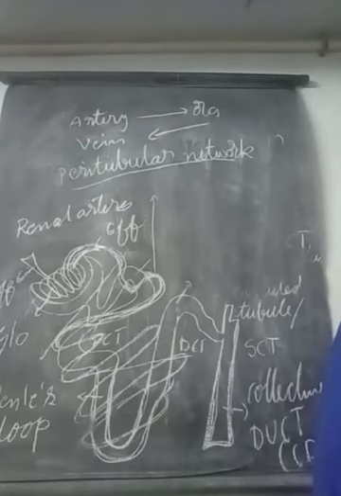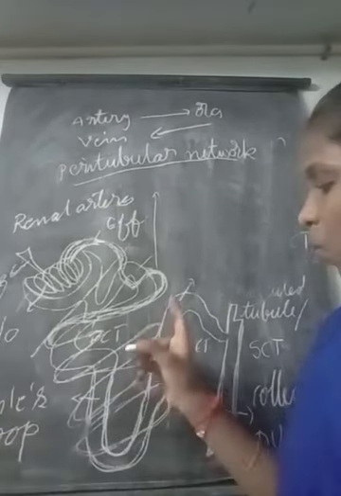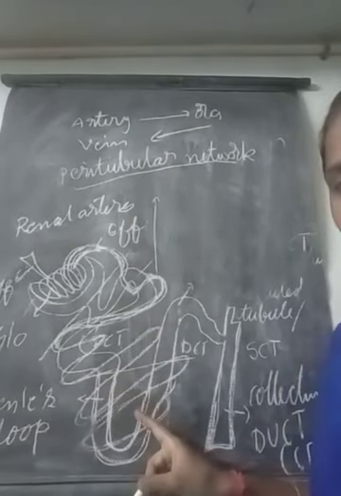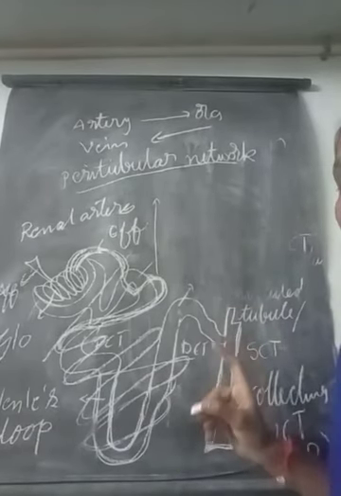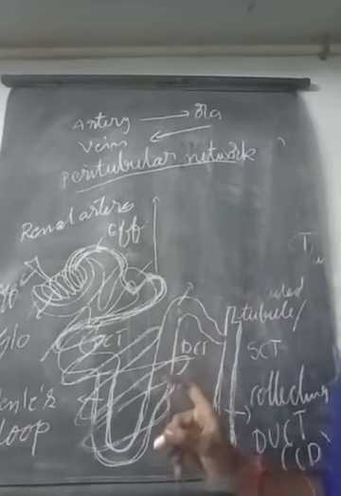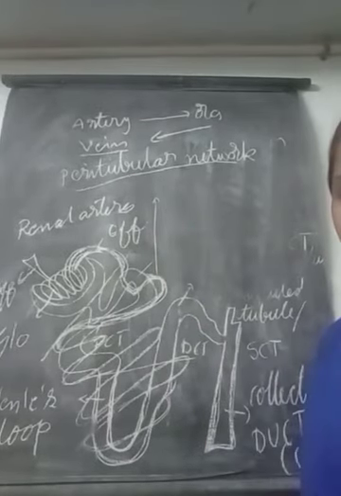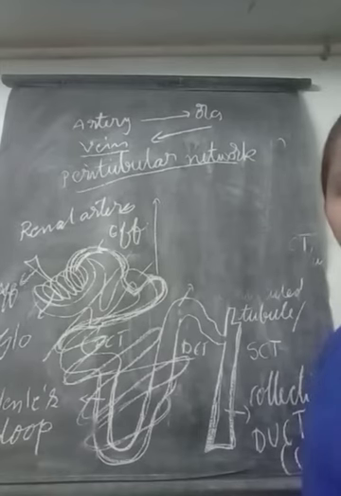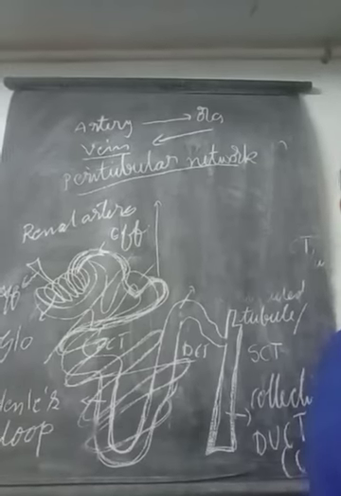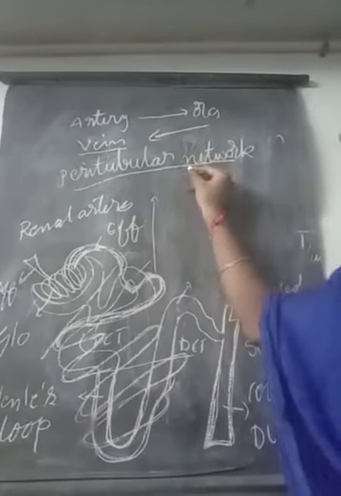Peritubular network. Now the blood vessel is moving away from that particular cell. Moving away from the organ, what should we call it? Vein. We should call it vein.